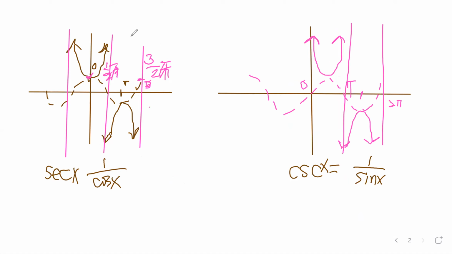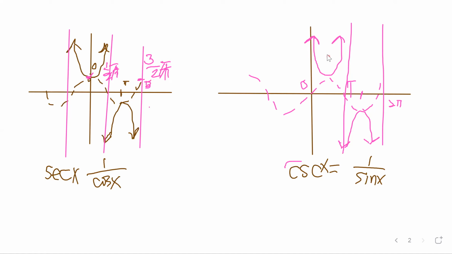Next is cosecant. If we want to draw cosecant, we can draw sine first. We can easily draw the sine first, and then we are going to be able to find the asymptote. Any locations where sine x equals 0, you draw the vertical asymptote.